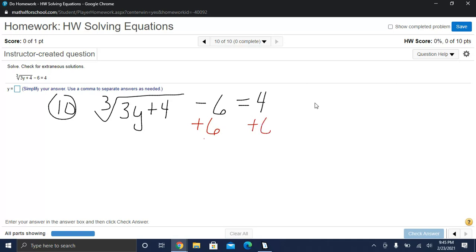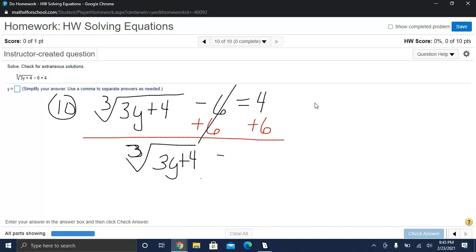I'll need to add 6 to both sides to make that happen. So this will cancel. I'll have the third root of 3y plus 4 equaling 10. Then I'll need to get rid of my third root. I can do that by raising each side to a third power, not a square power, but a third power.